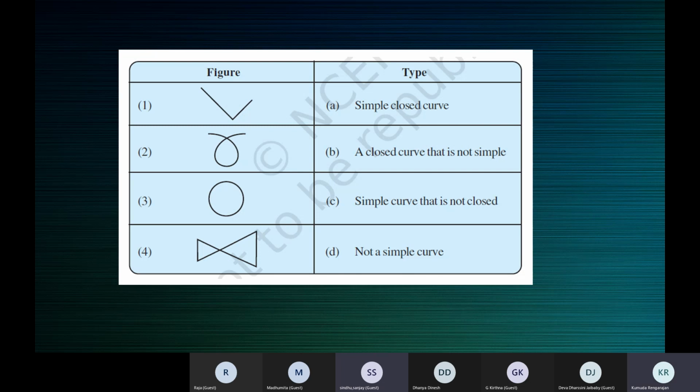Please help me like this. Just say 1B, 2C, and so on. Ma'am, first one is B, ma'am. First one is D.